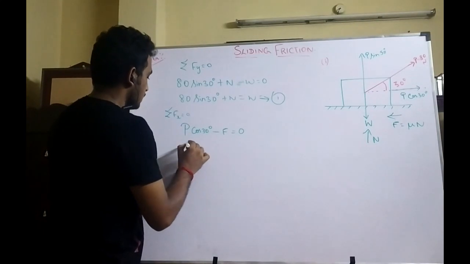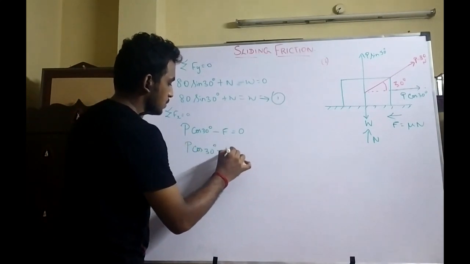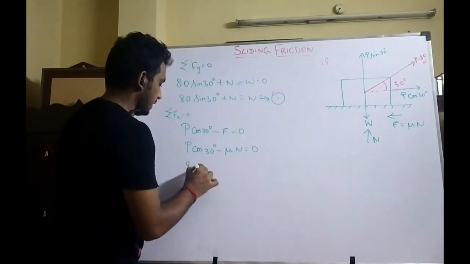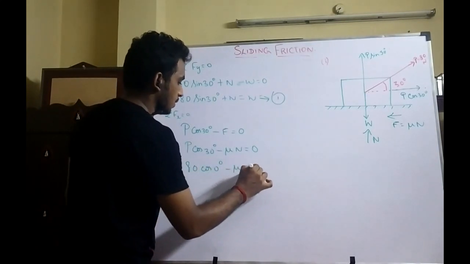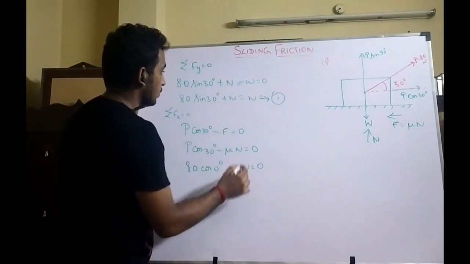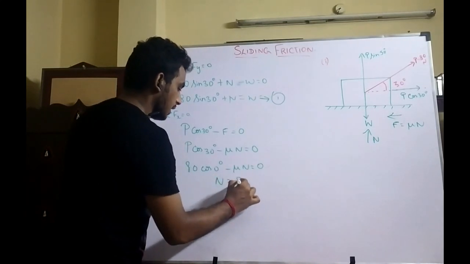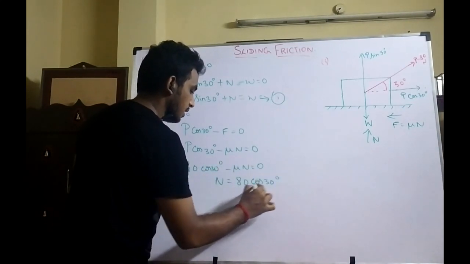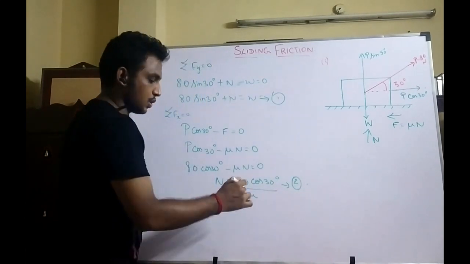So P cos 30 minus mu N is equal to 0, that is 80 cos 30 minus mu N equal to 0. From this we take the value of N equal to 80 cos 30 degrees divided by mu. We take this as equation number 2.